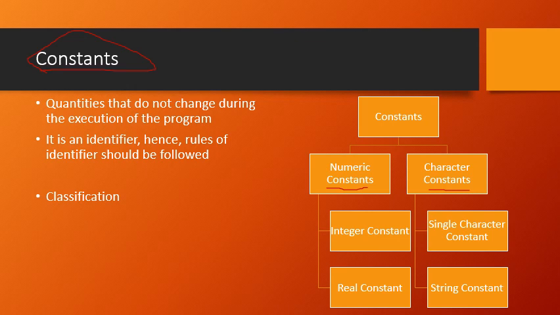Say if a number is 100, that is a whole number. If you take a pi value 3.14, it has some fractional part, so we call it a fractional number.